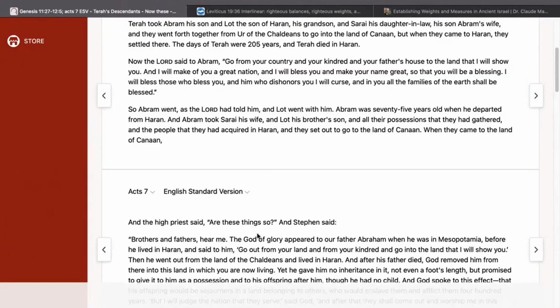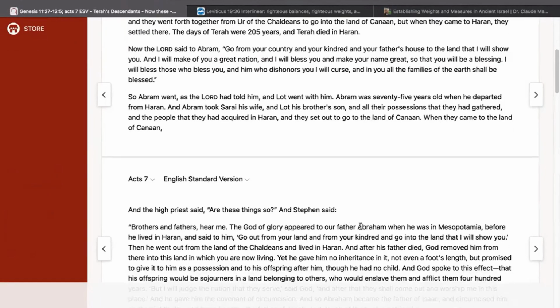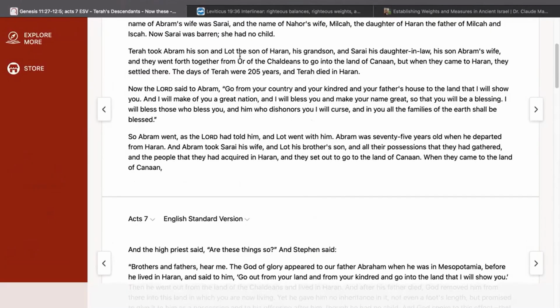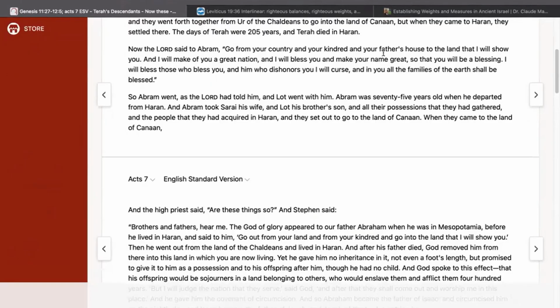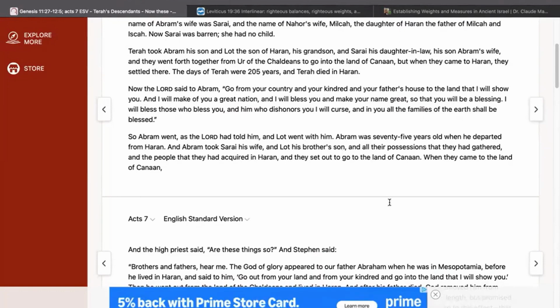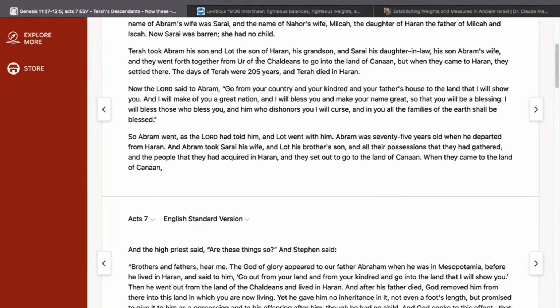So when Stephen starts to speak, he says, "The God of glory appeared to our father Abraham when he was in Mesopotamia." All right. So let's see if we see that in the text. Terah took Abraham, his son, and went from Ur of the Chaldeans, right? So Ur of the Chaldeans, as we talked about when we were reading the ESV Study Bible notes, is in southern Mesopotamia.